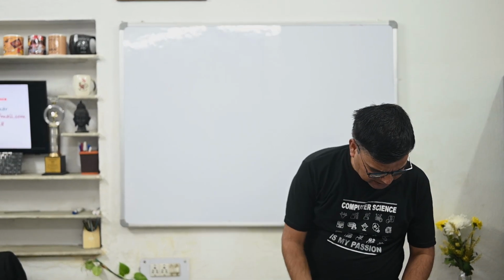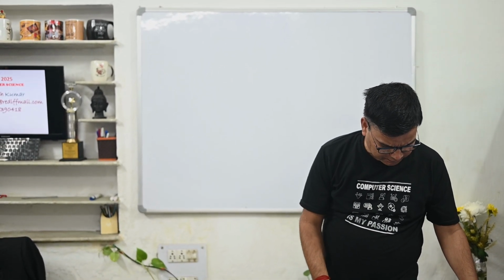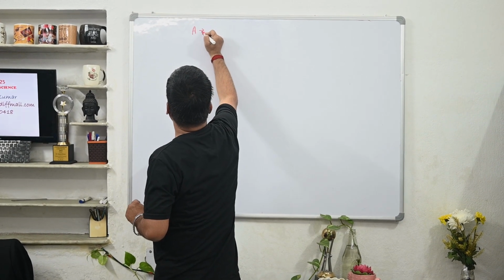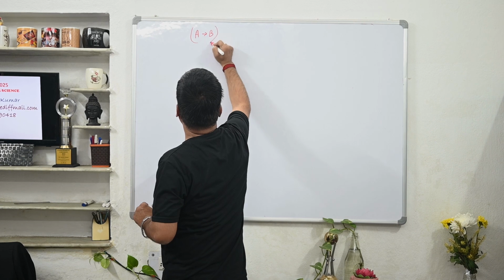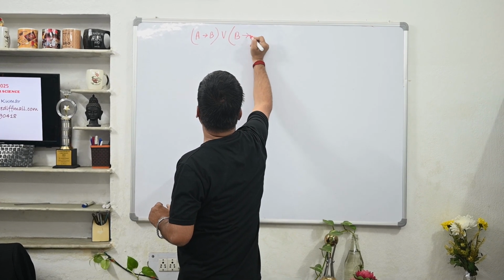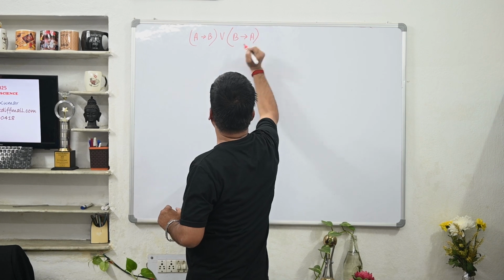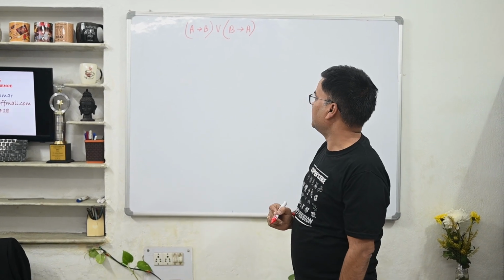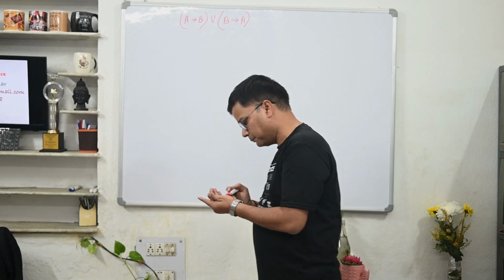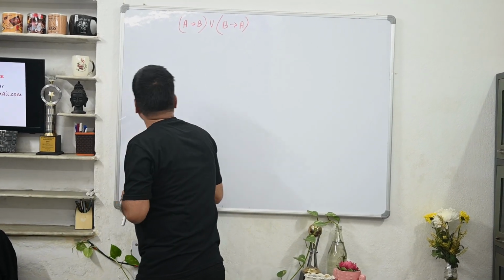For example, if we have the statement A implies B or B implies A, you are asked to draw a truth table of this expression.